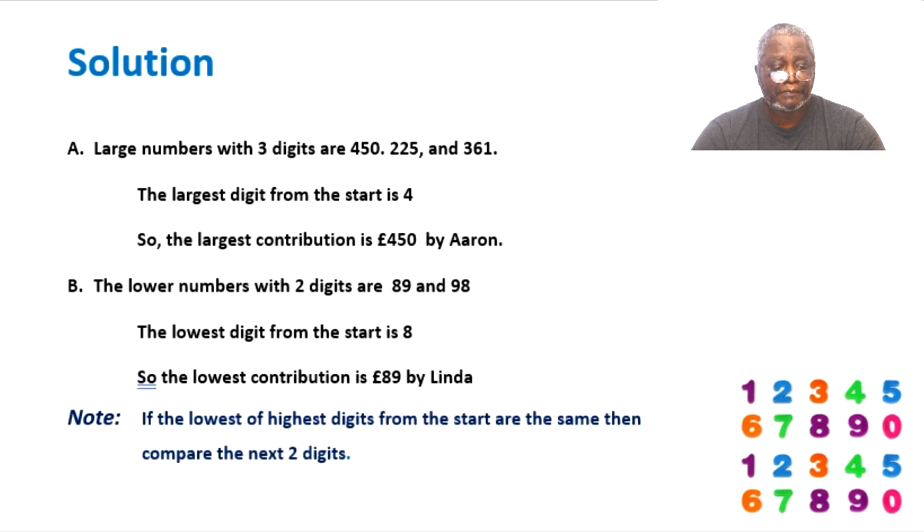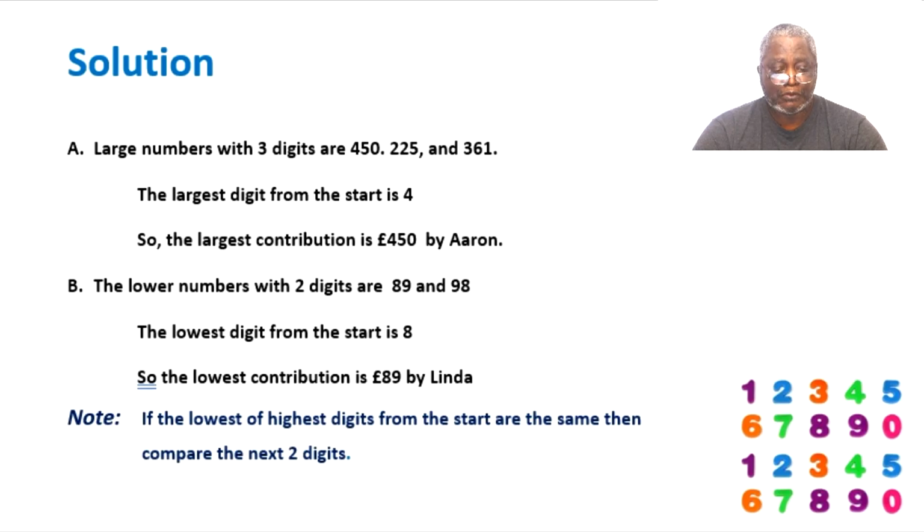And the solution for question A. The numbers with 3 digits are 450, 225, and 361. The largest digit from the start is 4. That is the largest digit on the left. So the largest contribution is 450 by Aaron.